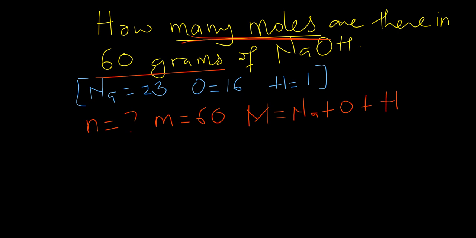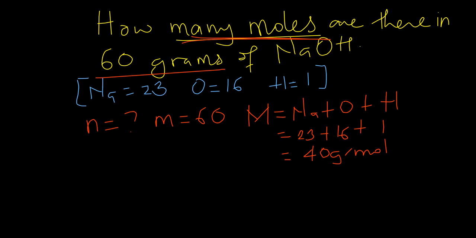The mass of sodium is 23, it has been given to us in the question. The mass of oxygen is 16, it's been given to us in the question. The mass of hydrogen is 1, it's also in the question. So the molar mass of the sodium hydroxide would give us 40 grams per mole.